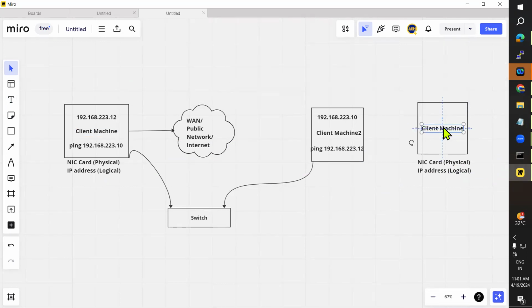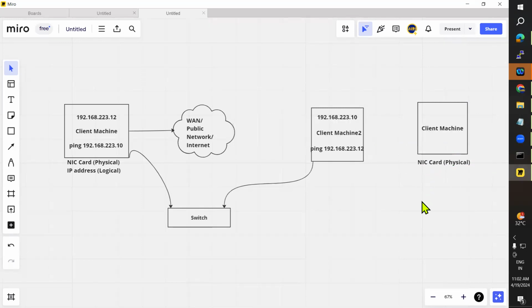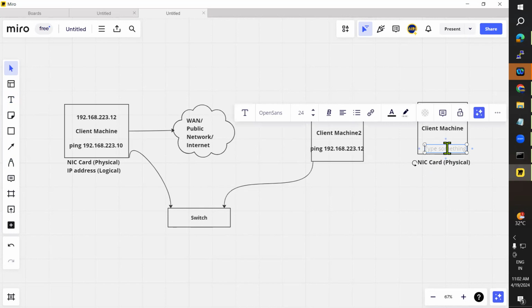This client machine is standalone, single, having a NIC card. There is no IP address. But I want to check whether the NIC card is working or not. Then you can use the default command, ping 127.0.0.1, or even 2 also you can use. Any 127 series address you can use.